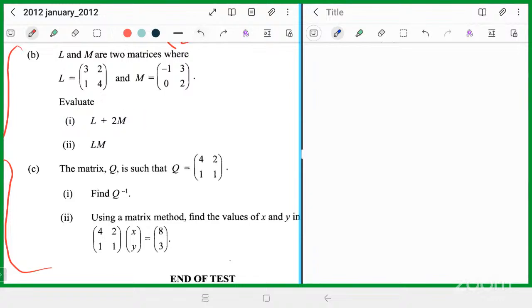So L plus 2M becomes the L matrix, which is 3, 2, 1, 4, plus 2 times this. The 2M means that we're going to be doubling each of these values.